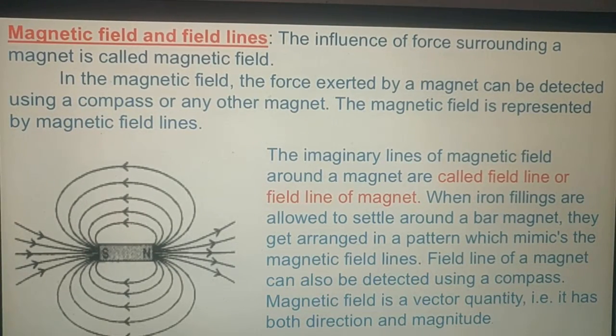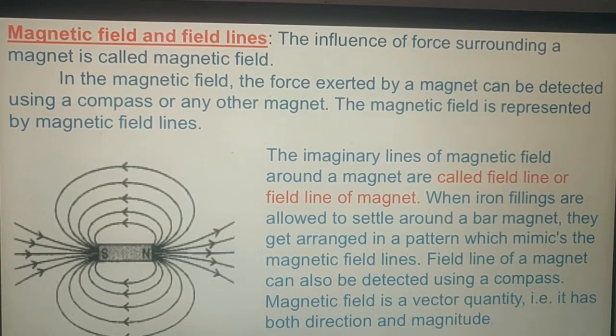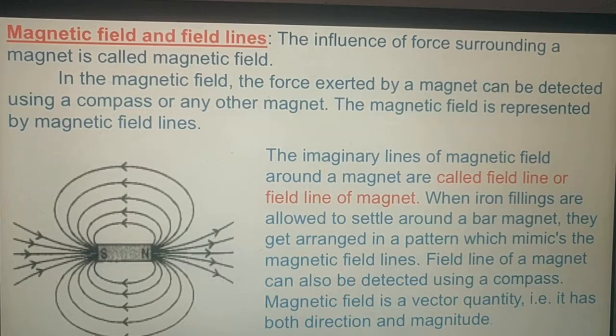When iron filings are allowed to settle around a bar magnet, they get arranged in a pattern which mimics the magnetic field lines. Field lines of a magnet can also be detected using a compass.